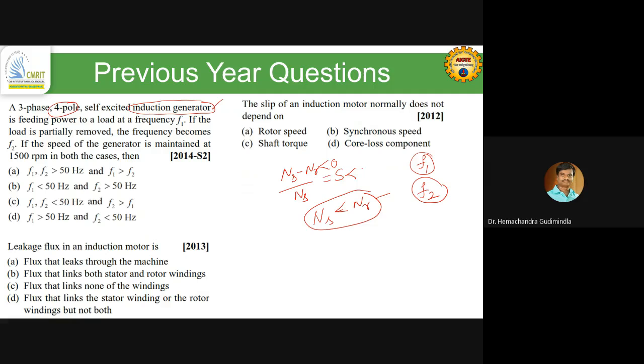Let us take the frequency as 50 hertz. Now Ns equal to 1500 rpm for P equal to 4 and frequency equal to 50 hertz, right? Now what about Ns? The generator speed is 1500 rpm Nr. So Ns is less than 1500 rpm.